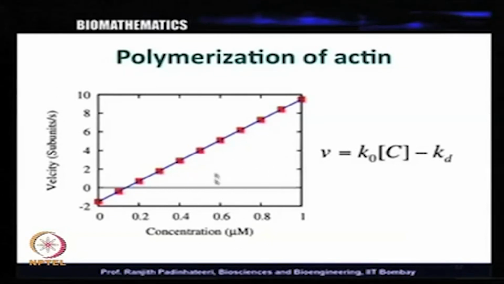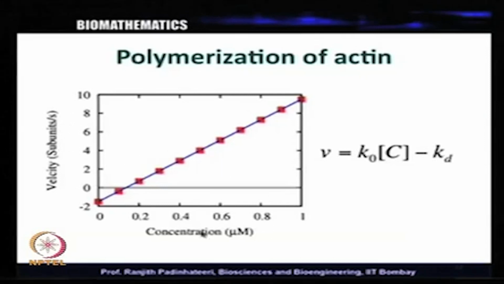This is the typical range with which one can do experiments on actin monomer growth, actin polymerization. And then you can look at the velocity. Velocity is plotted here in subunits per second. How many subunits grew per second? In other words, monomers per second I should say.